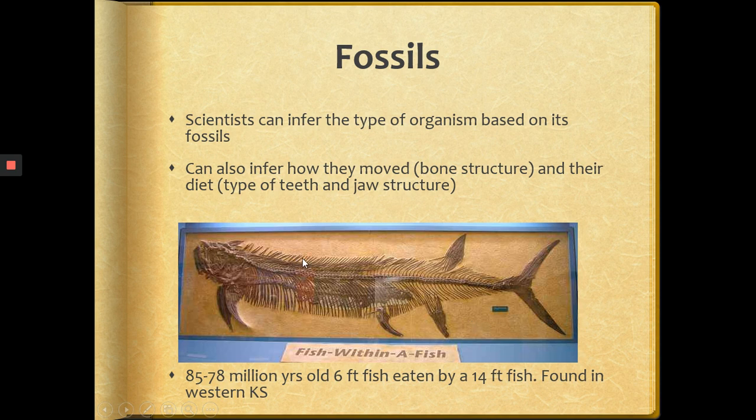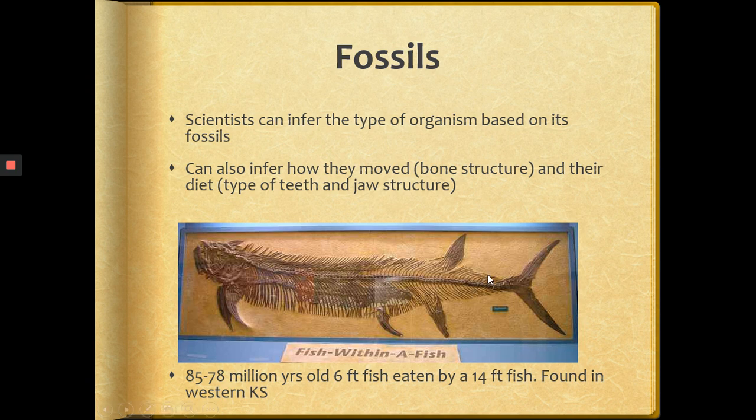So this fish right here is about 14 feet long. And if you look inside down here where the fish's stomach would be, there's a 6-foot fish right here. And you can see the perfect skeleton of a fish that it consumed shortly before it died. So a couple of things I want you to think about.